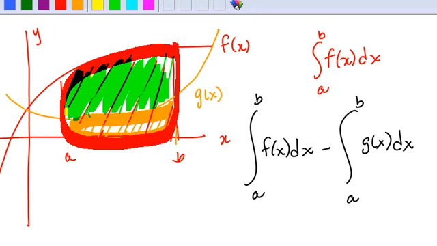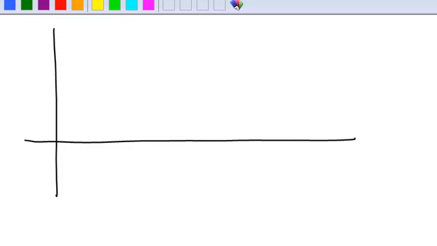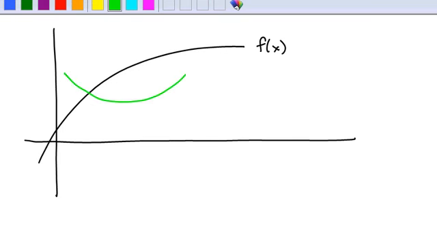So let's do a second diagram here and imagine what would happen if you had a curve like this called f of x and a curve like this called g of x, and you want to find the area in between. It's very similar to the last question, except this time I haven't given you the a and the b.